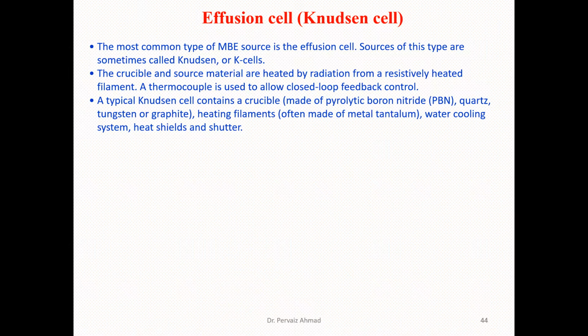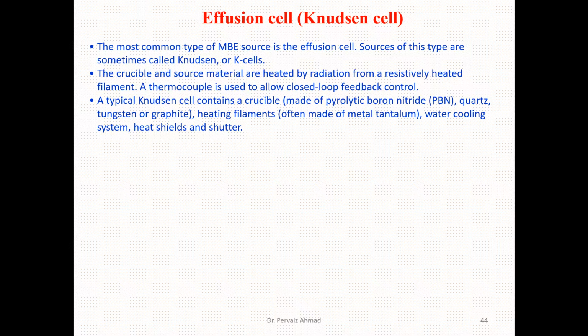A typical Knudsen cell contains crucibles. We are just trying to explain the Knudsen cell and its components. By typical, we mean the one that is frequently utilized during the process. It contains crucibles, and we remember the crucible is made of pyrolytic boron nitride, quartz, tungsten, or graphite.